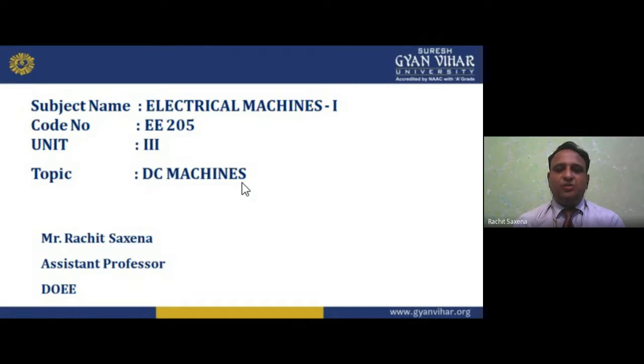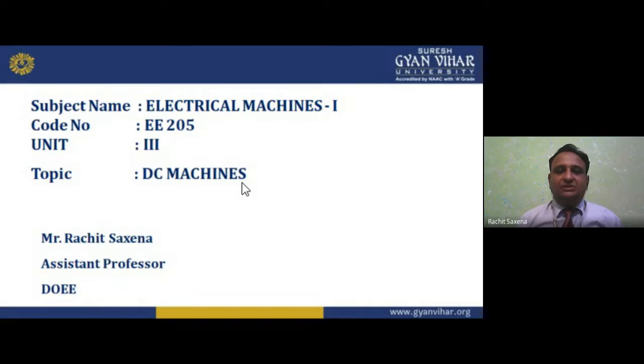Unit number four is also a part of this, where we will deal with the motor and generator both. But in this part, we basically deal with the DC machine. If I tell you about the DC machine as a whole, it is a machine which works on DC, not on AC.